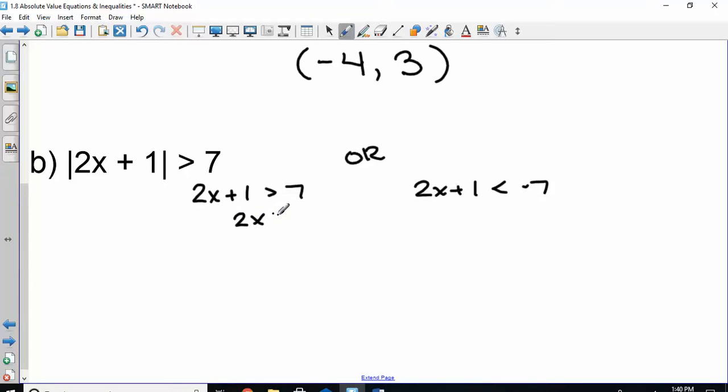And we subtract our 1, divide by 2, we get x is greater than 3. And x is less than -4.